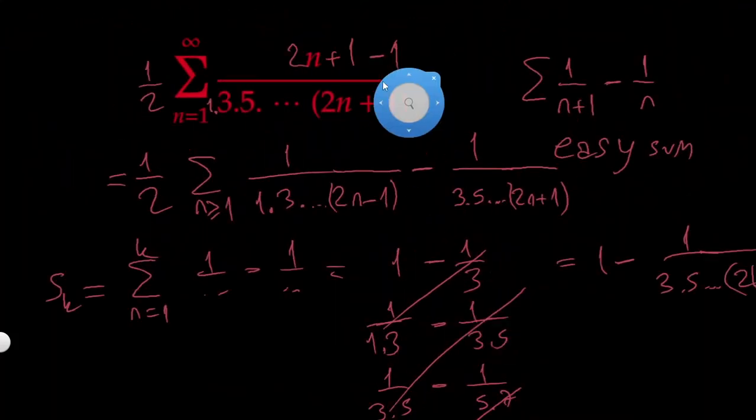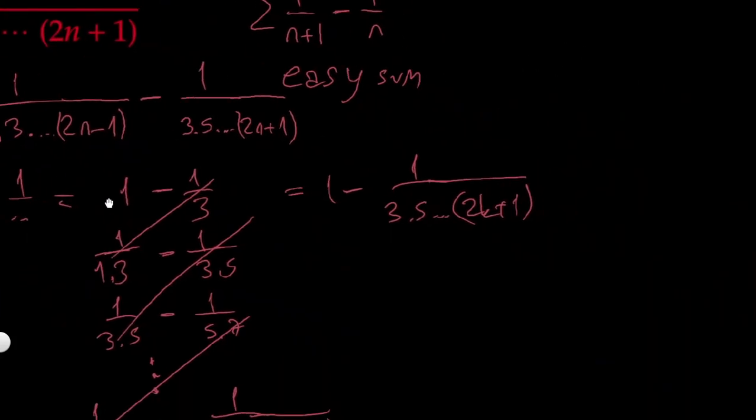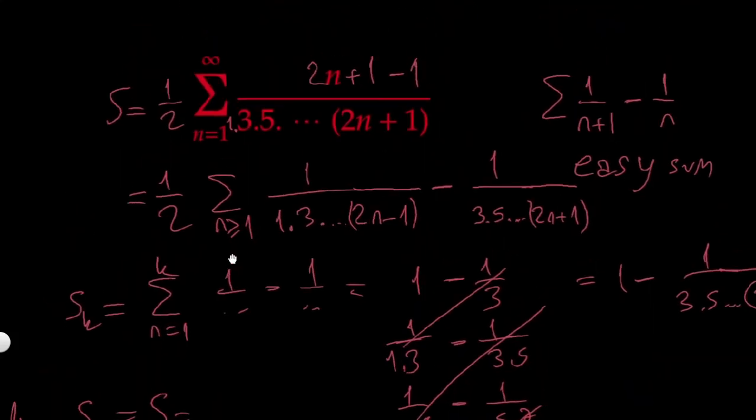And I know that if I call my sum s, I still didn't know if this was convergent. I only made one manipulation, which was just dividing and multiplying by constants, so I didn't really play with it. And now I will know that it's convergent, because if I take this limit as k goes to infinity of s_k, it is going to be equal to my sum, which is s.